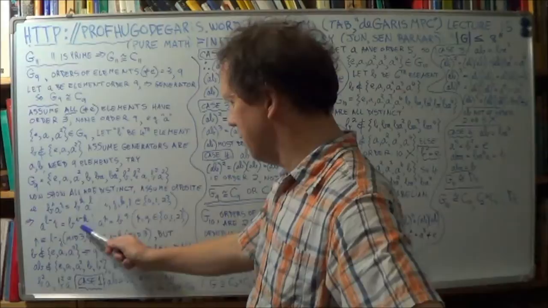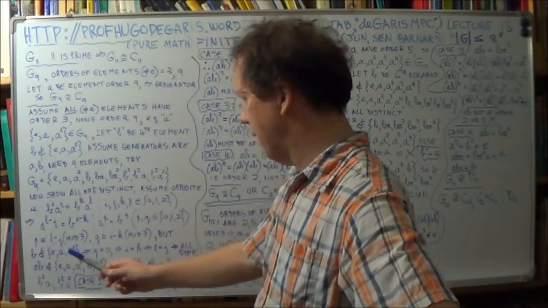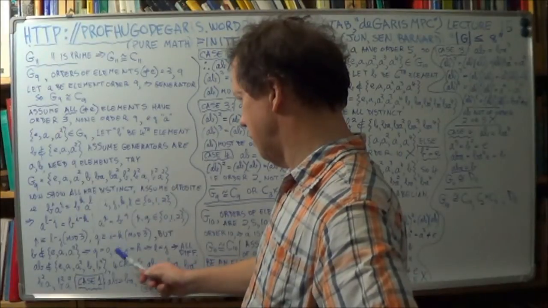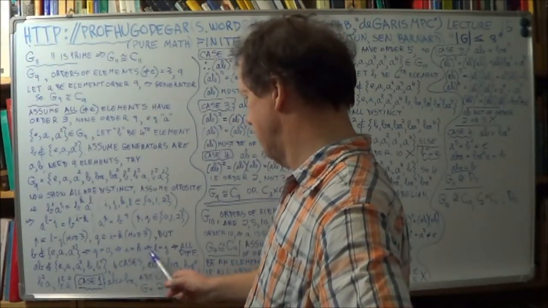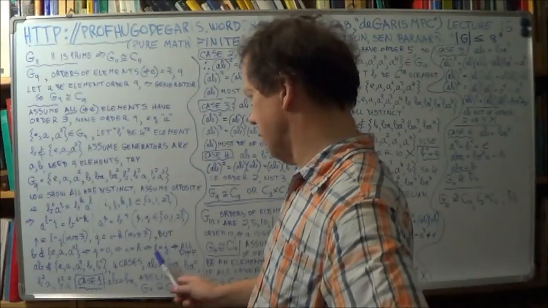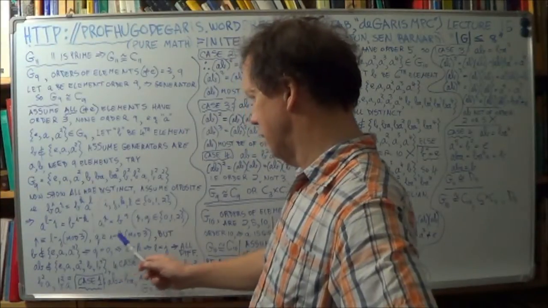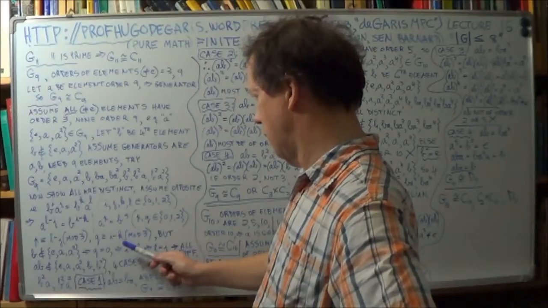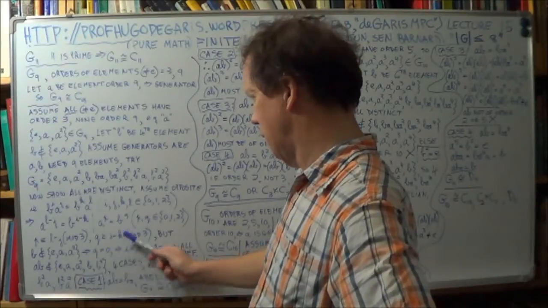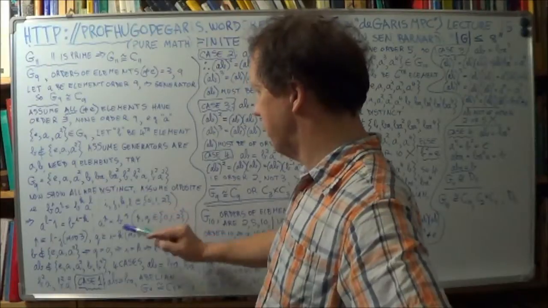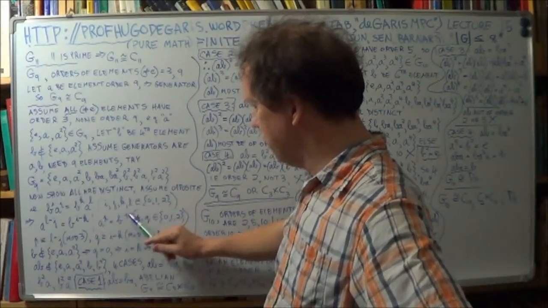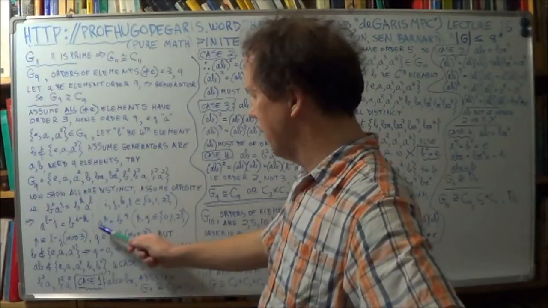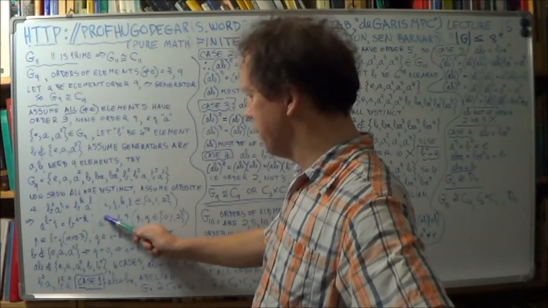But if I equals K, that implies L is J. Why is that? Because if Q is 0, B to the 0 is E, and that means that P must be 0 as well.